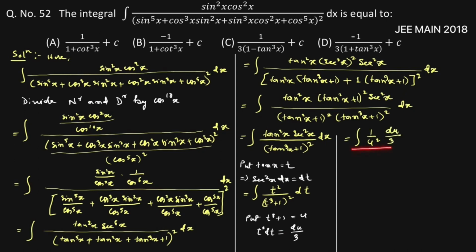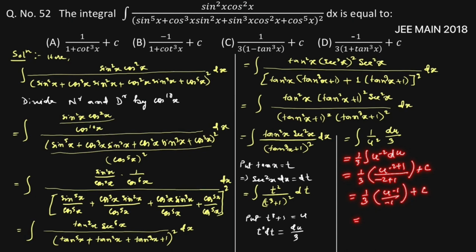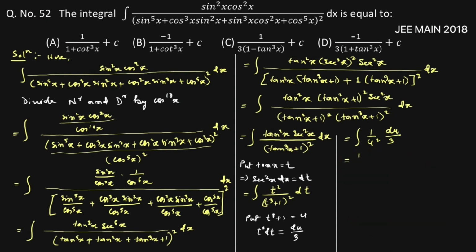So we are able to solve this in this way: 1 by 3 integration of u to power minus 2 du, which is equal to 1 by 3 u to power minus 2 plus 1 divided by minus 2 plus 1 plus c, which is equal to 1 by 3 u to power minus 1 divided by minus 1 plus c, which we are able to write as 1 by 3 minus 1 by u plus c.